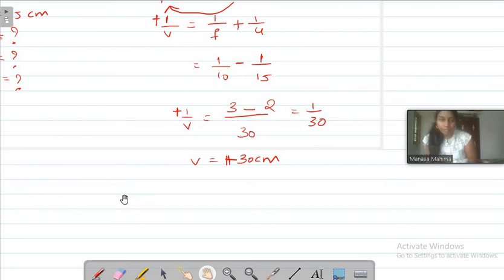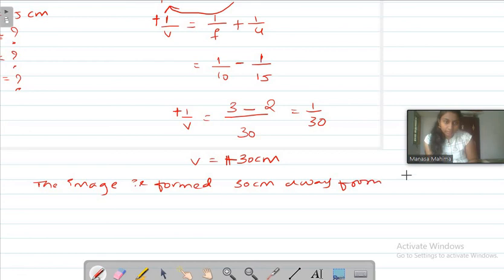From the value of v, what can we say? We can write like this: the image is 30 centimeter away from the lens on the other side.